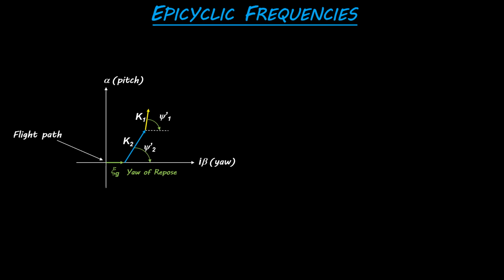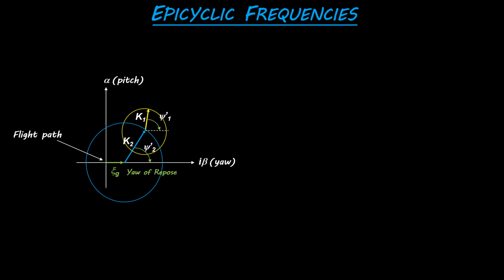Because these two things move, and they cycle around. So K2 is making a circle around where the yaw of repose puts us at. And while that is happening at the very same time, remember, K1 is attached to the end of K2, so the base of K1 is always moving around that circle along with K2, except that it's spinning also.